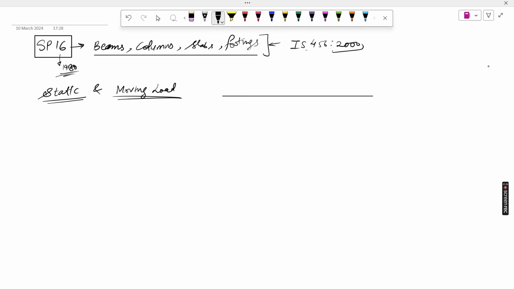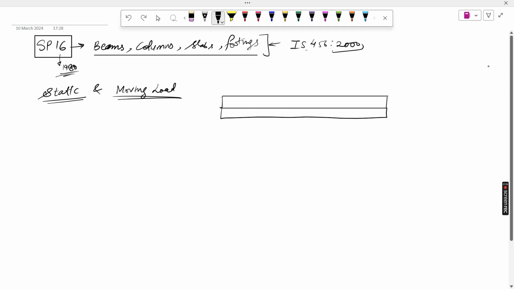If you want to design bridge beams, this is the bridge deck, and the beams we have here. These are called girders, because if the beams are designed for the moving load, then the beam is called a girder. And the beam is simply for the static load.